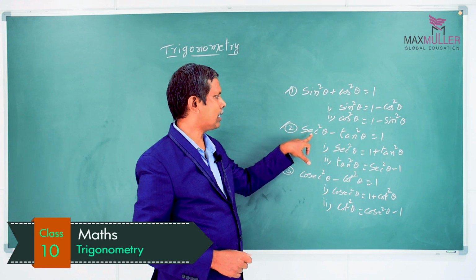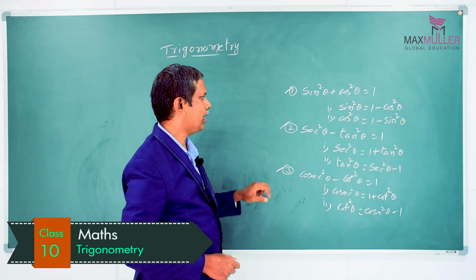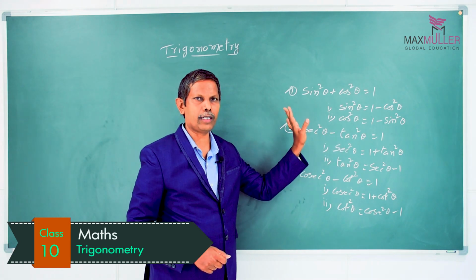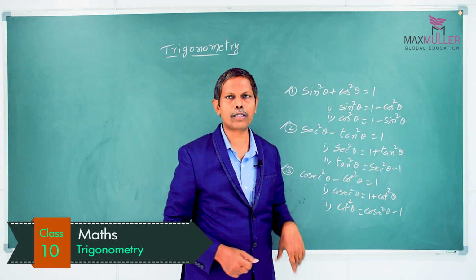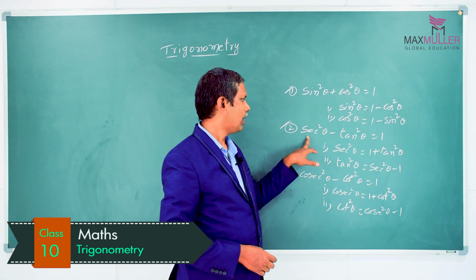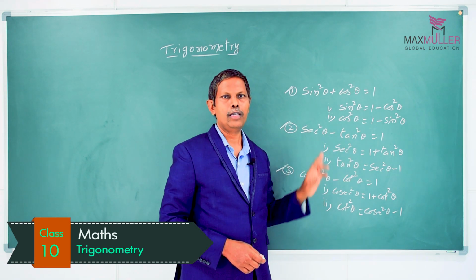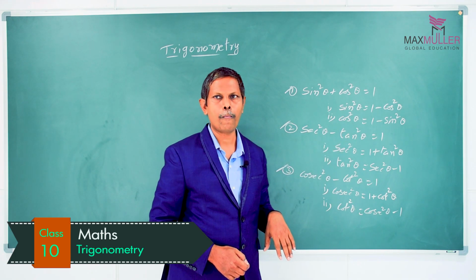Generally they can ask bits from this. You know that secant and tan relation. What is the relation between sin and cos? You can write sin square theta plus cos square theta is equal to 1. Relation between secant and tan: secant square minus tan square equal to 1.